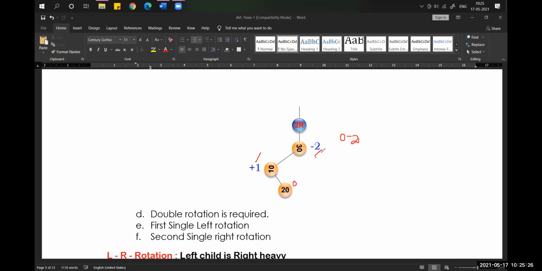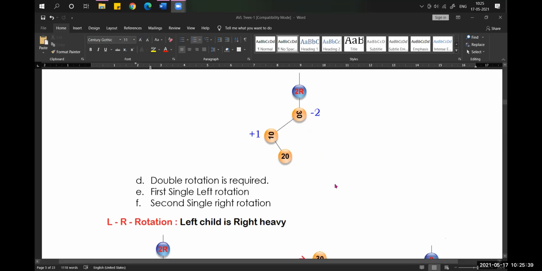So whenever we get -2 or +2, then we can simply say that the tree is imbalanced. When the tree is imbalanced, what should we do? Double rotation is required. Whenever we get -2 for the parent and +1 for the child, then we have to do double rotation.